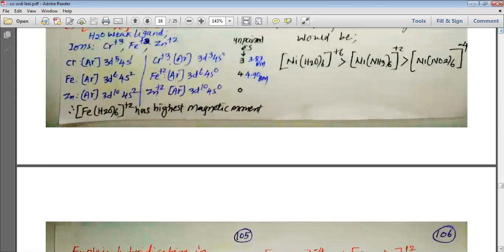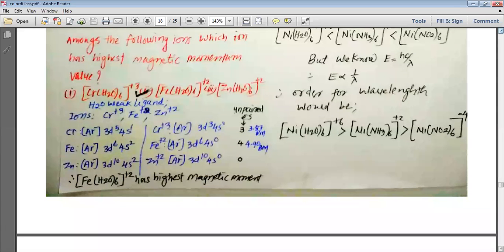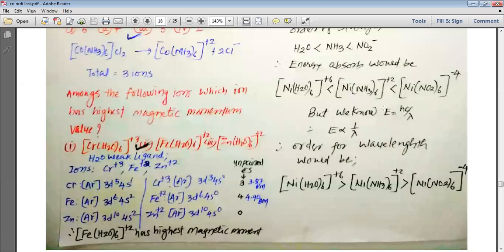As the energy absorbed is given, we know that energy E is equal to hc upon lambda. H is a constant, c is also constant, which is the speed of light in vacuum, and that is why we can say that E is proportional to 1 upon lambda. So if energy is more, wavelength is smaller.